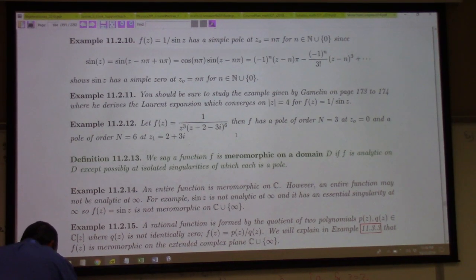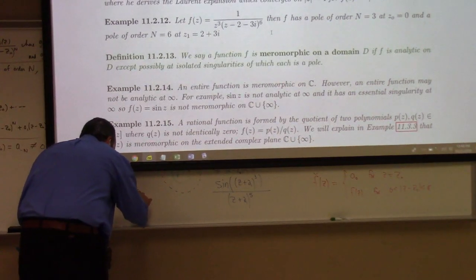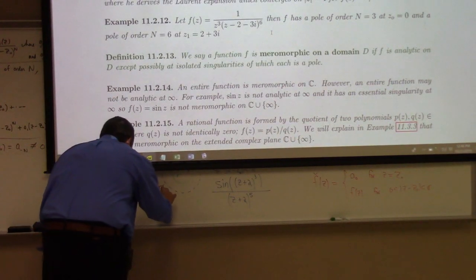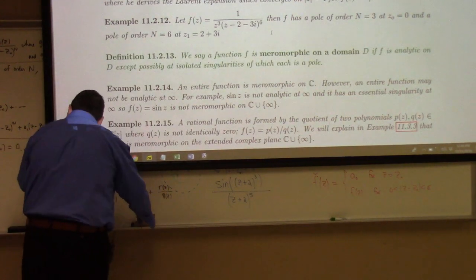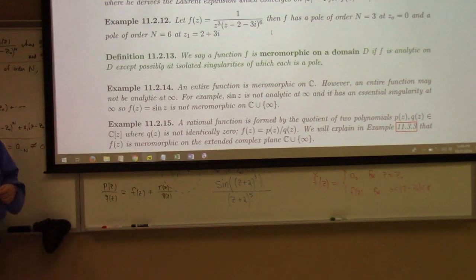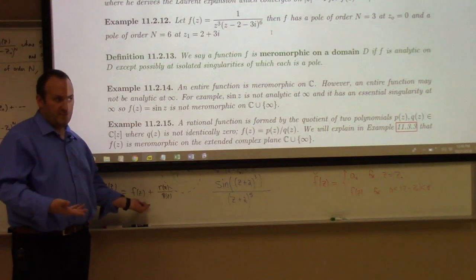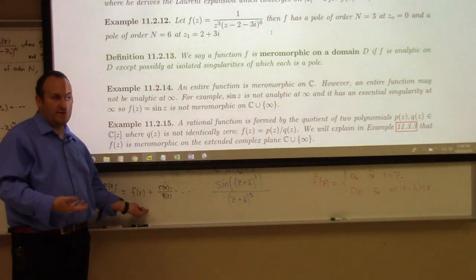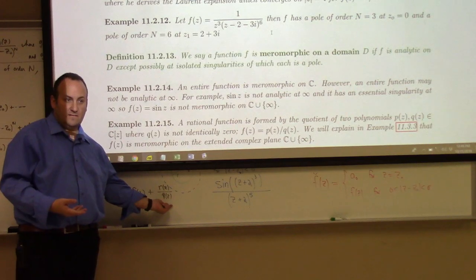You can write that as a polynomial f of z plus the remainder over q of z, right? What happens as z goes to infinity? The polynomial piece blows up, but it's got finite order, so this amounts to having a pole of whatever order that is at infinity. And this piece just goes to 0 at infinity.